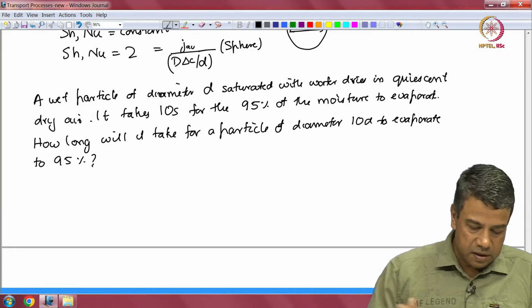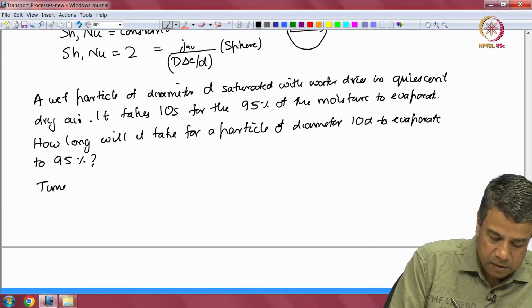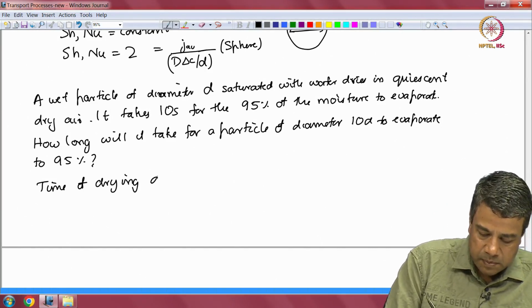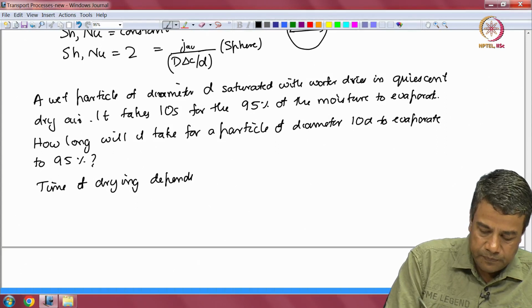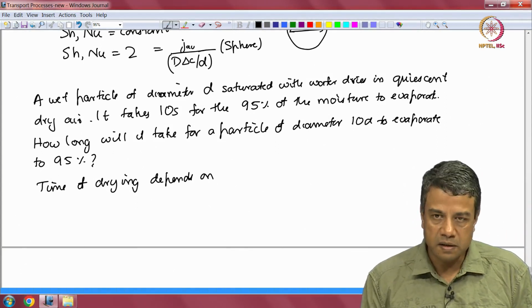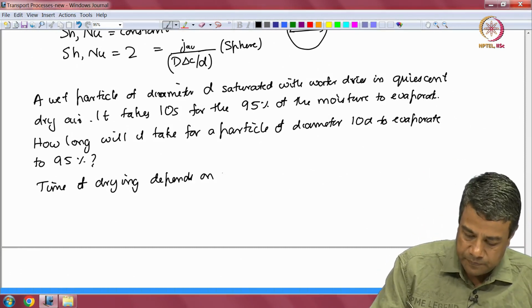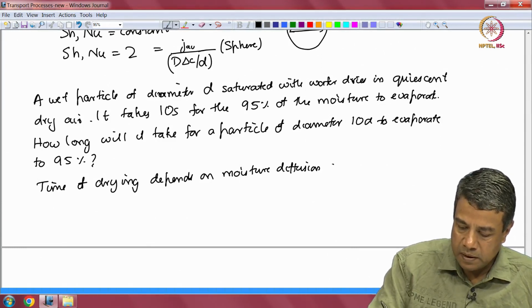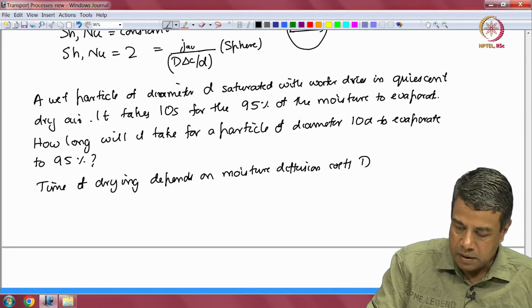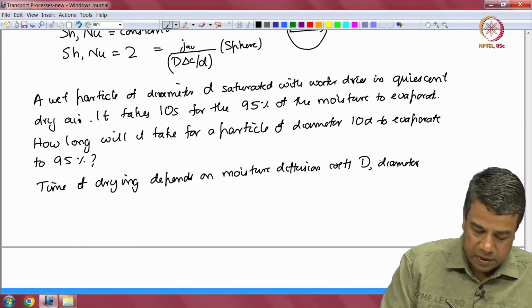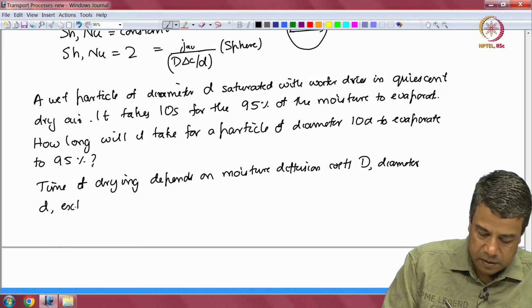So, therefore, the time of drying depends on the moisture diffusion coefficient D, diameter d and extent of drying.